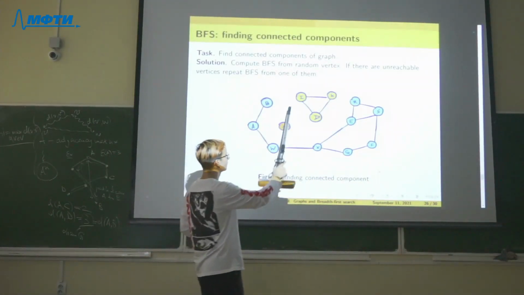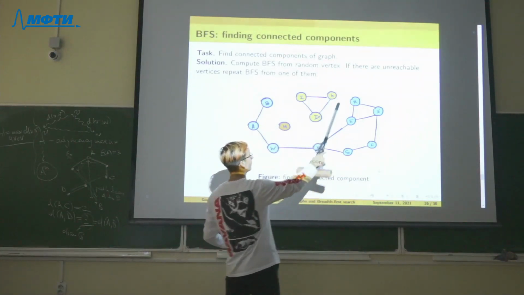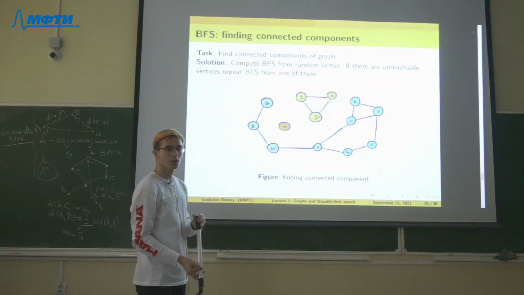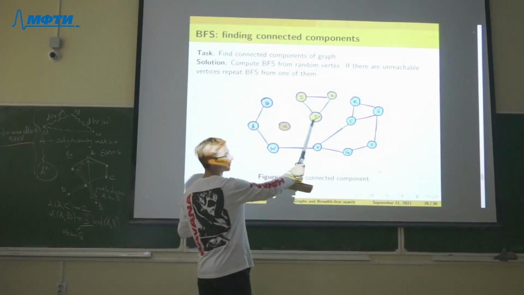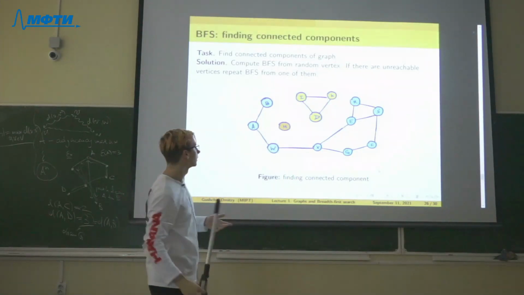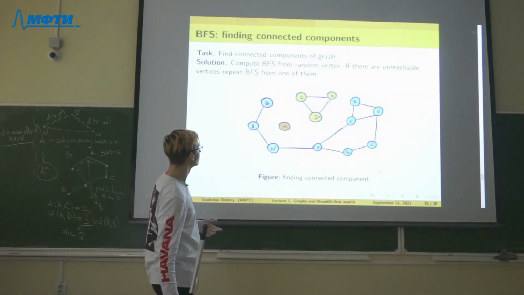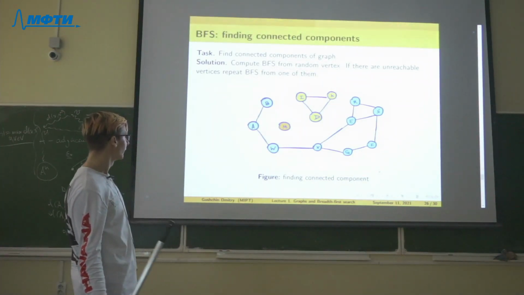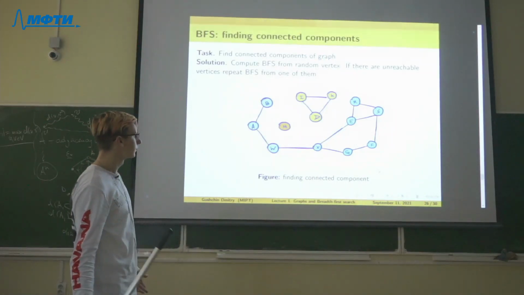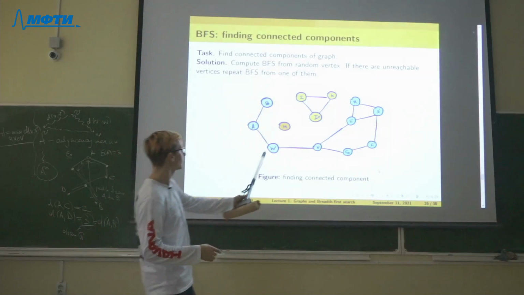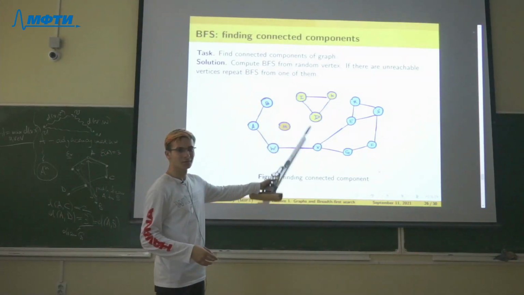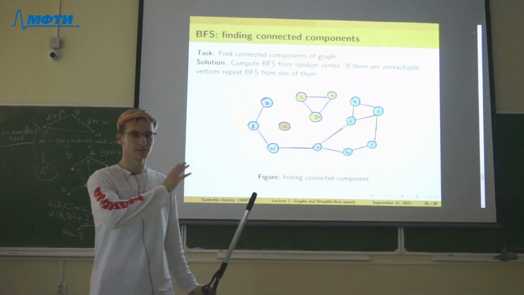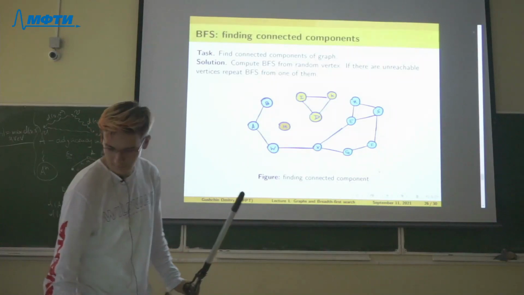Then if at the end of this we have vertices that we didn't visit, we start from one of them and repeat while we have vertices that have no component that we visited. Okay? It's simple. Nice. Excellent.